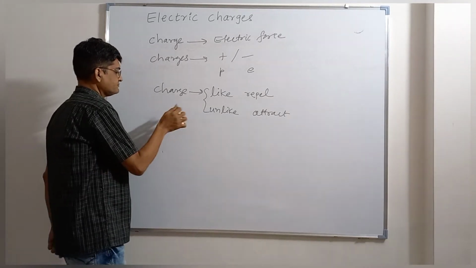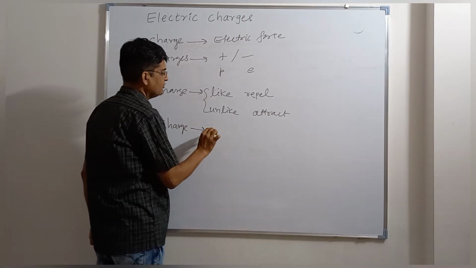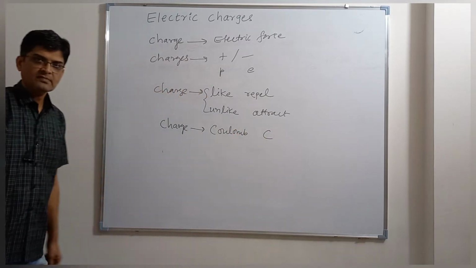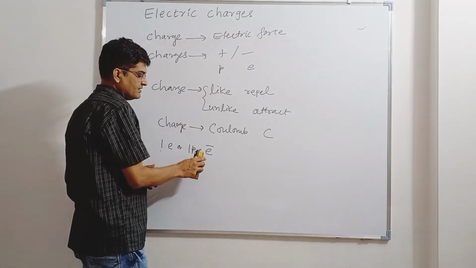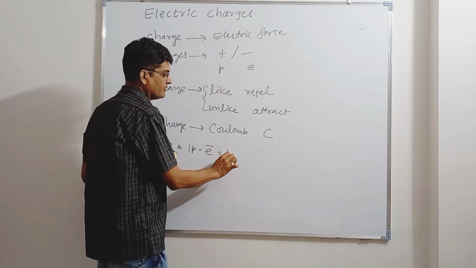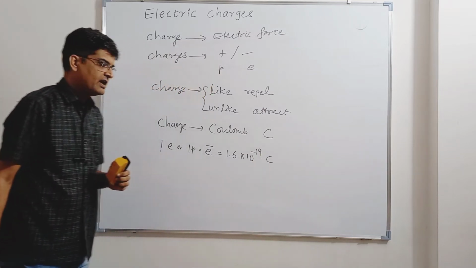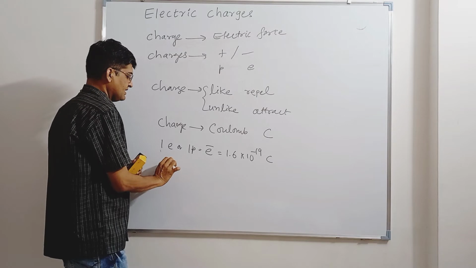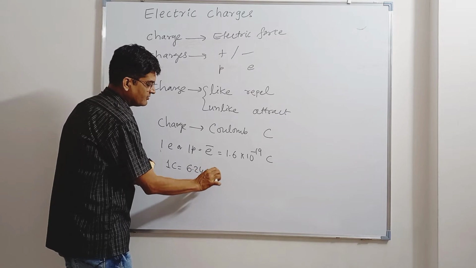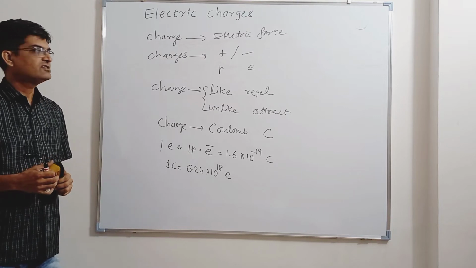Charge has a unit known as coulomb, and the symbol is C. The charge of one electron or one proton is shown by plus e or minus e, and it is 1.6 × 10^-19 coulomb. It's a very small value, and that's why we have a bigger unit, 1 coulomb, which is the charge of 6.24 × 10^18 electrons.